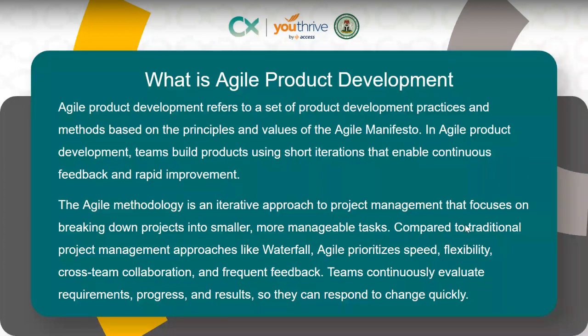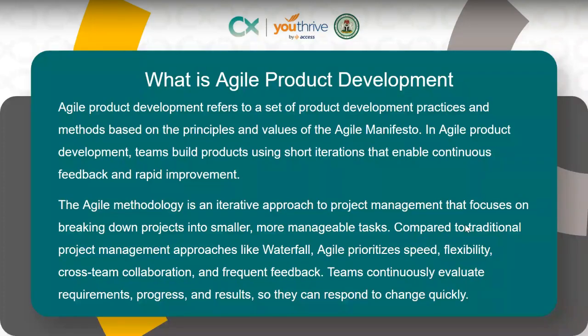An interesting thing about Agile is that it can also be used in project management, where you break down the project into smaller, manageable tasks, compared to the traditional project management approach, which is Waterfall, like I mentioned.